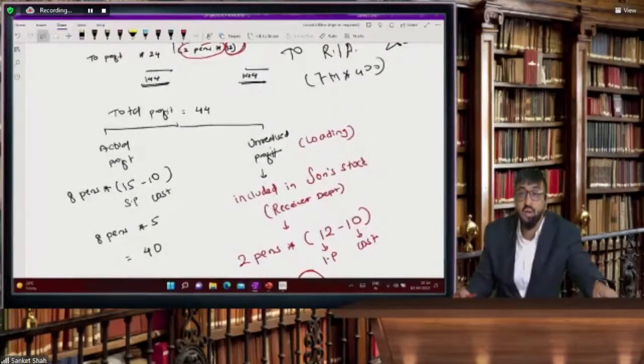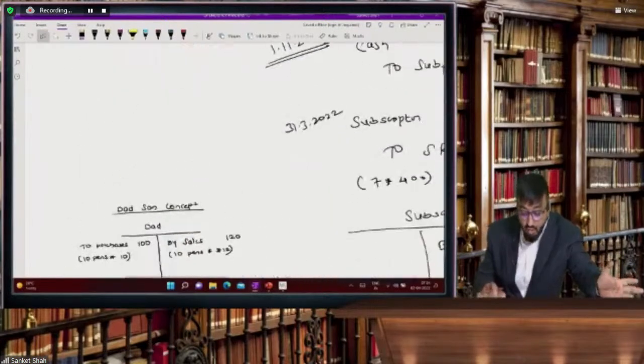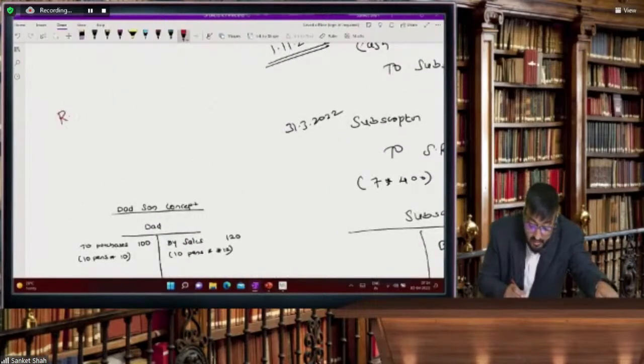Now you are clear with this concept of unrealized profit. So whose department is inclusive of loading? Son, receiver's department. So mark this sentence as IMP1. So in margin only you write it. Receiver's department closing stock and opening stock include what?